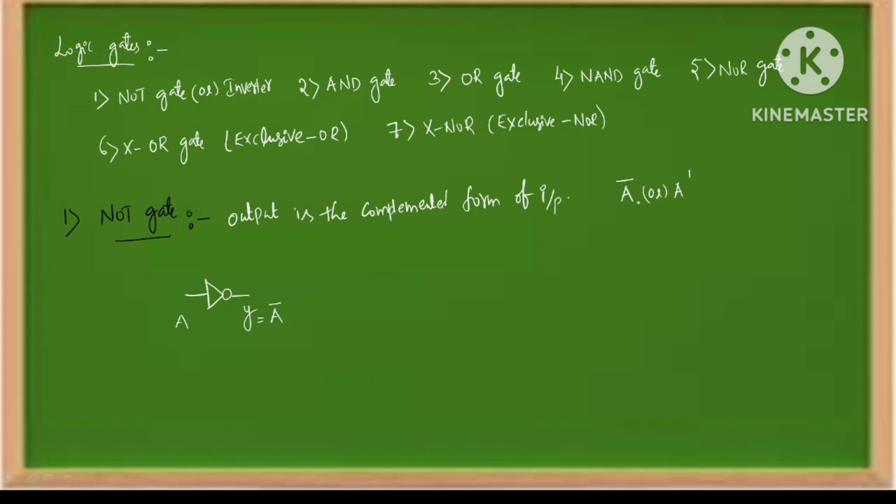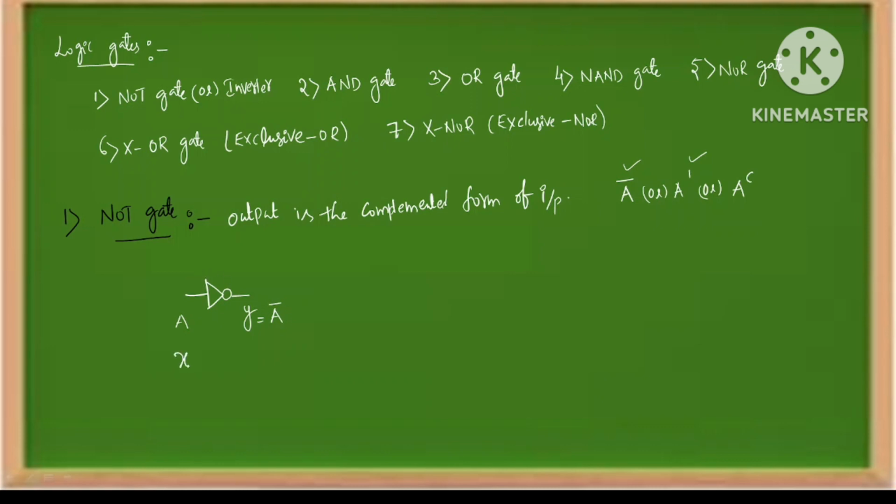In some textbooks you can also observe it written differently, but these two are the most commonly used representations for the complement operation. If A is the input variable, A complement is the output variable for a NOT gate.